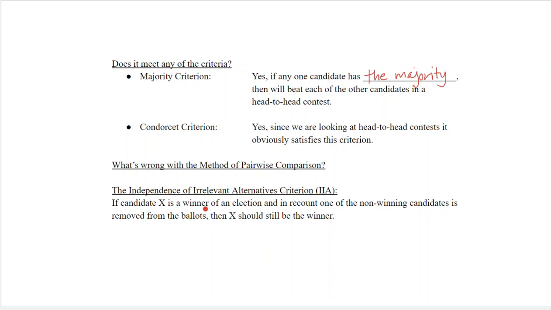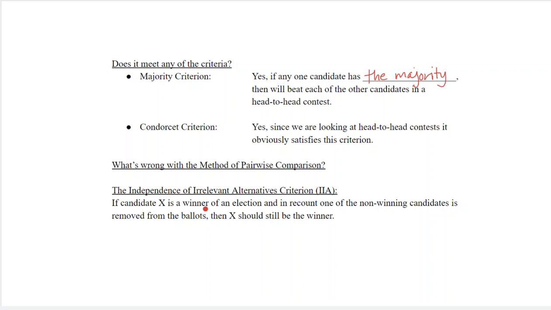Now, Condorcet criterion, because the setup of Condorcet and pairwise are the same, we are talking about head-to-head matchups, then obviously if a candidate wins all of their head-to-head matchups, then they are going to win the most matchups.